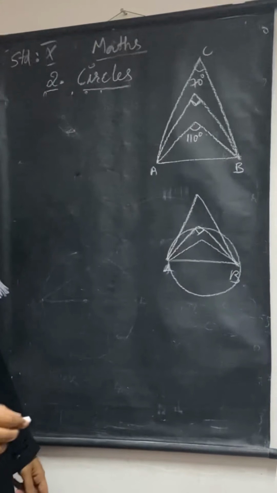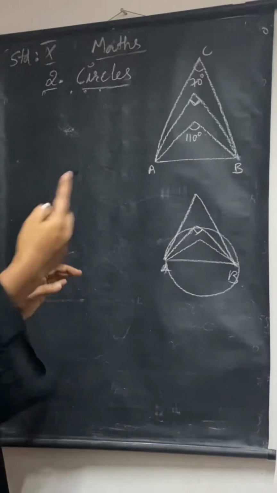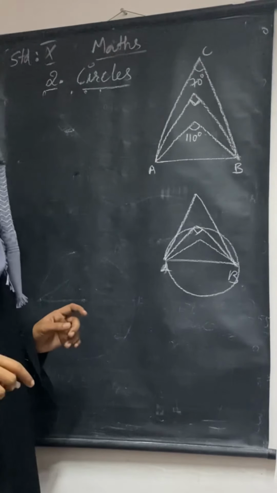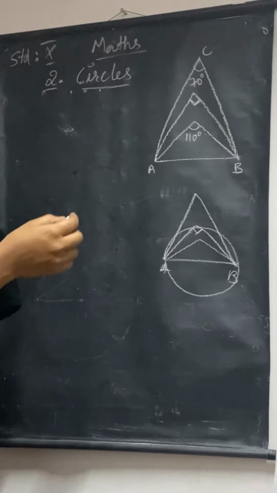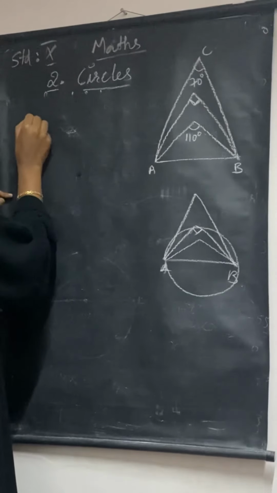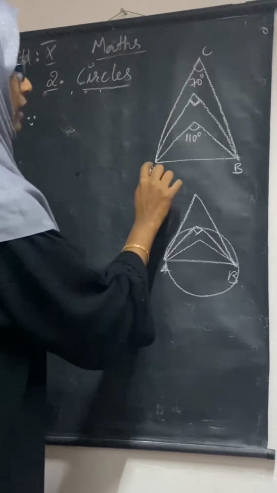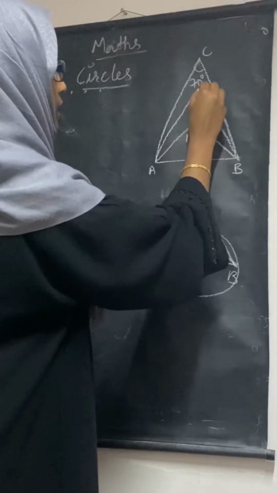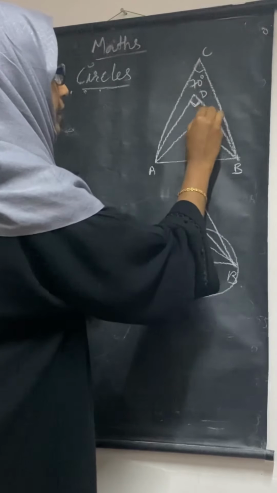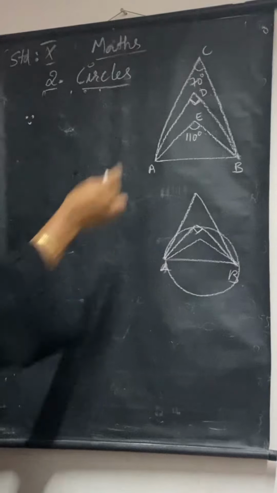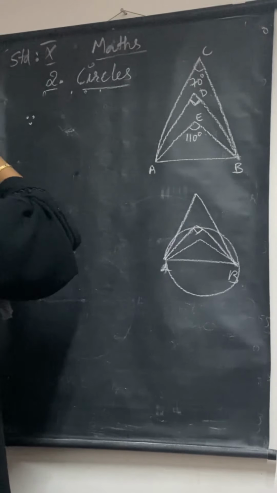So this is the way the picture will look when you draw the circle with AB as a diameter. Now, how can we write the answer here? I can give the names A, B, C, D here and E here. You can give any names. I'll start with E only.